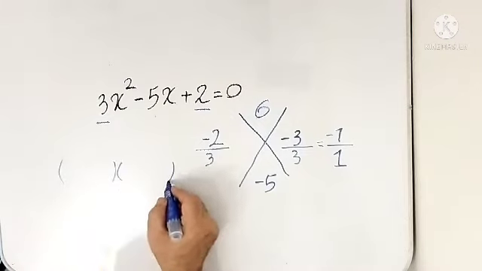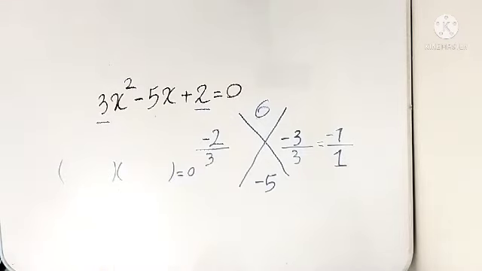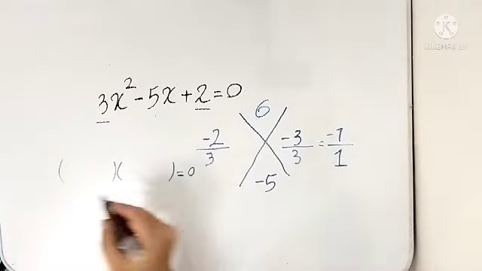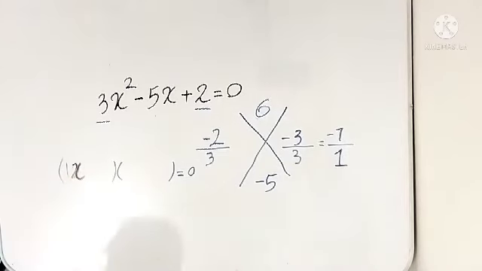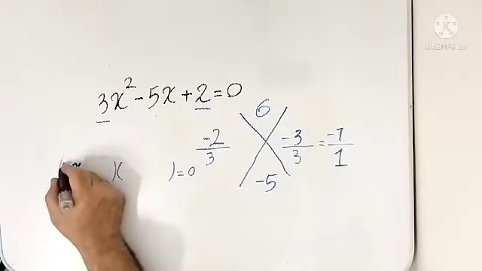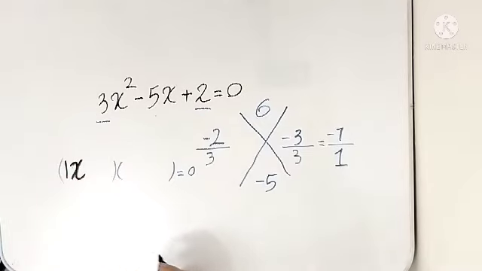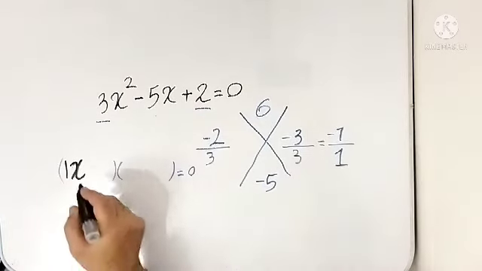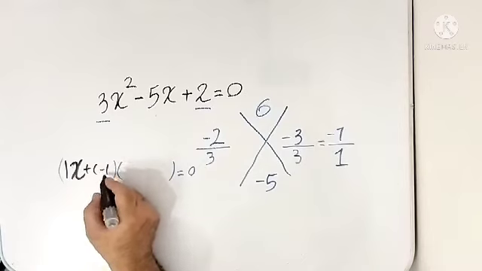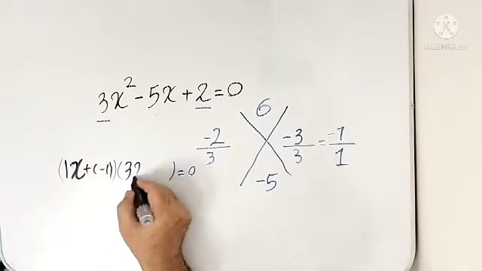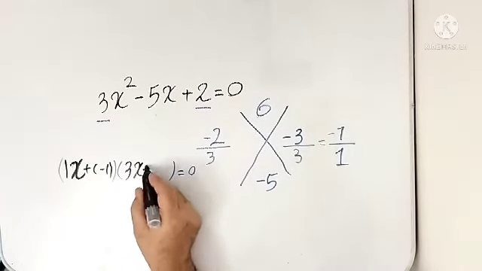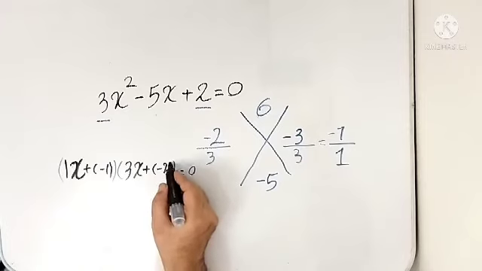Now we form two factors. One of these factors is 1x plus -1, and the second factor is 3x plus -2.